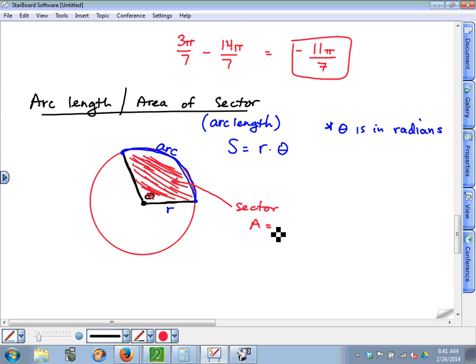A for area, it's not quite as easy a formula, but you are going to have these two memorized; they won't be given to you. The formula is 1/2 times the radius squared times the angle. And again, make the same note: theta is in radians.